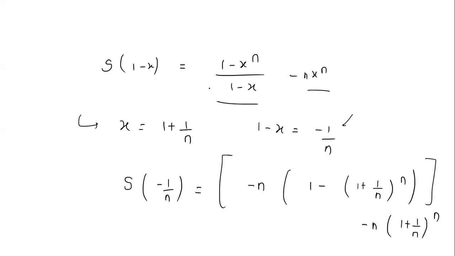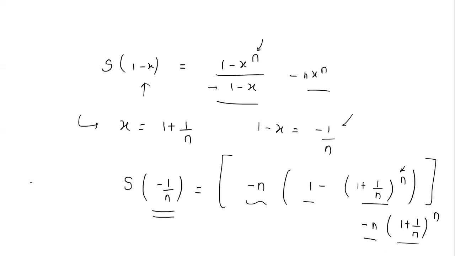So instead of 1 minus x, you can put minus 1/n. So 1 divided by minus 1/n becomes minus n. Here 1 minus x also becomes minus 1/n, and instead of x I am putting (1 plus 1/n) power n, and minus n times x power n, where x power n is (1 plus 1/n) power n. In this way we can write this.